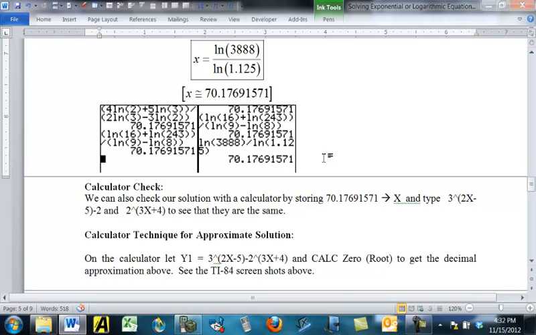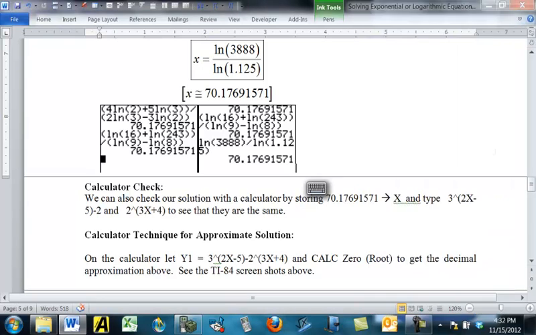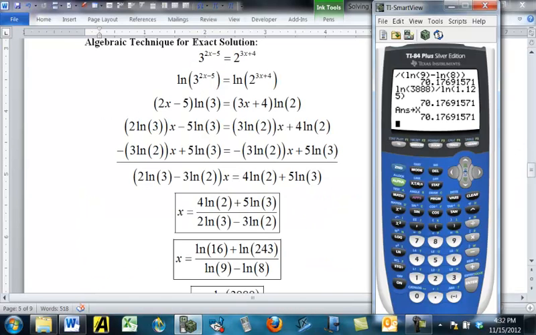Now, how can we check it? Well, we could check it by just taking that answer, store it as x. Now, what we want is both sides of the equation to be the same thing. So when I go back up here to the equation, the original equation said we have 3 to the power, parentheses 2x minus 5.